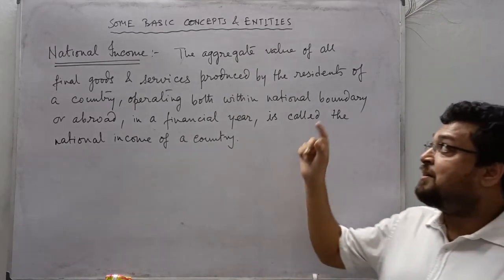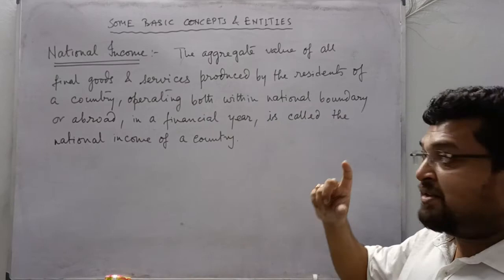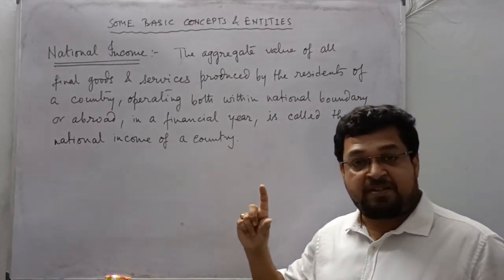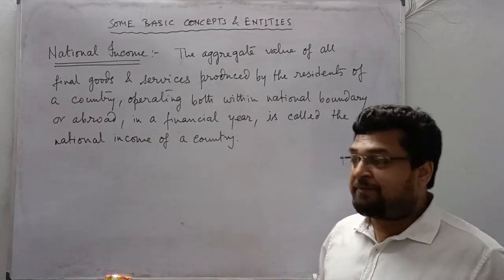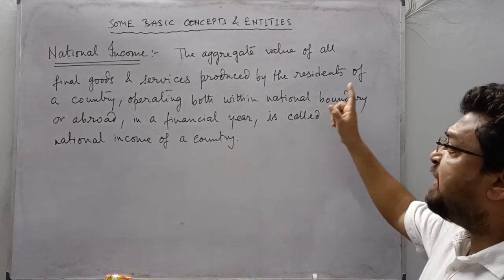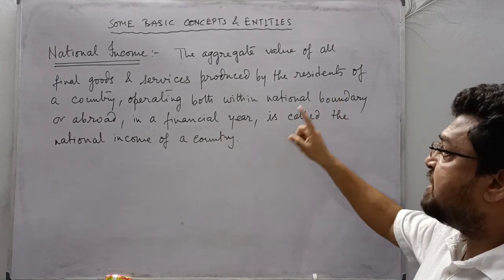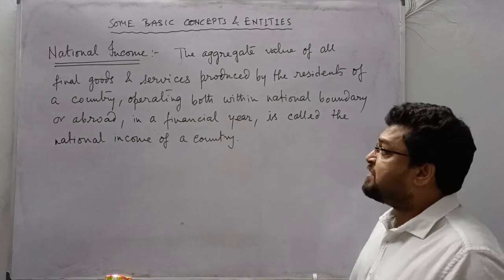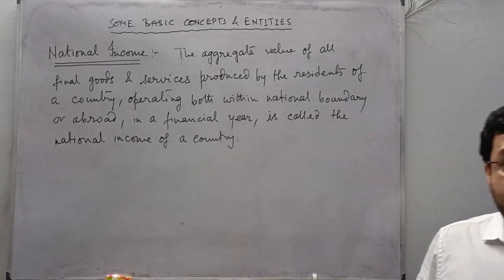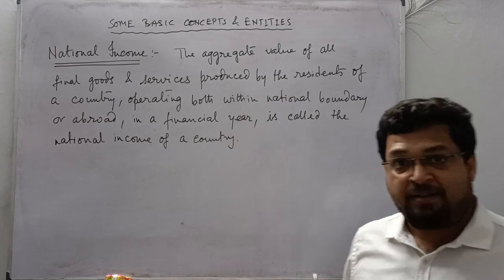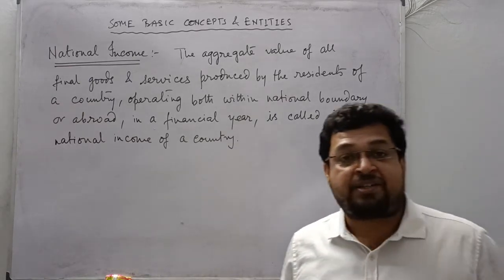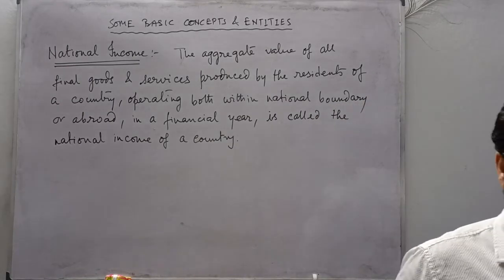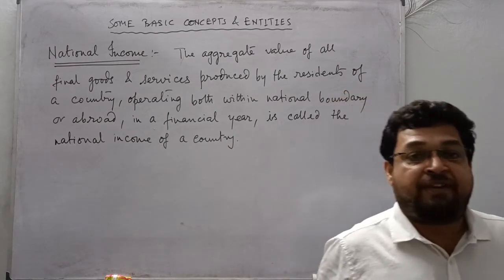So once again, be very specific about writing the definition. The aggregate value of all final goods and services produced by the residents of a country operating within the national boundary or abroad in a particular period or in a financial year is known as the national income of a country. So please note the definition very carefully.